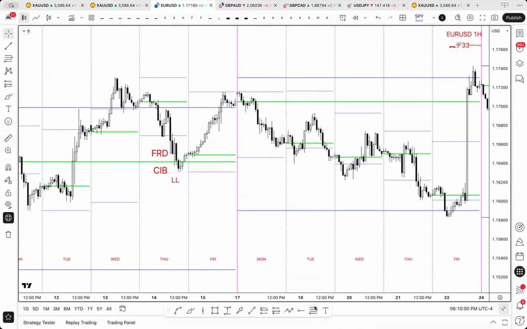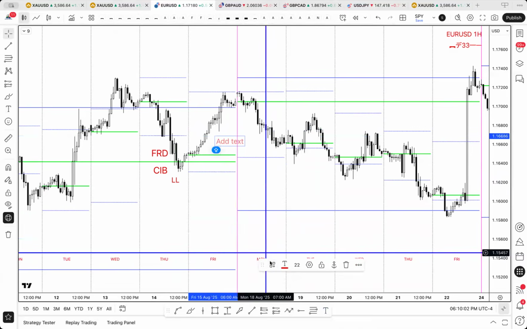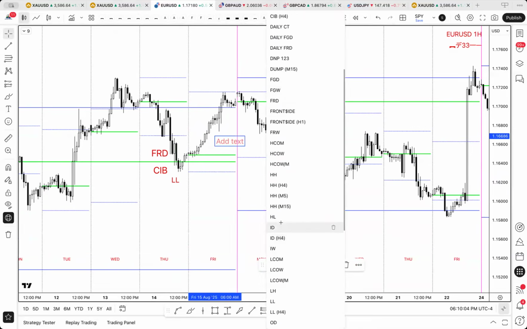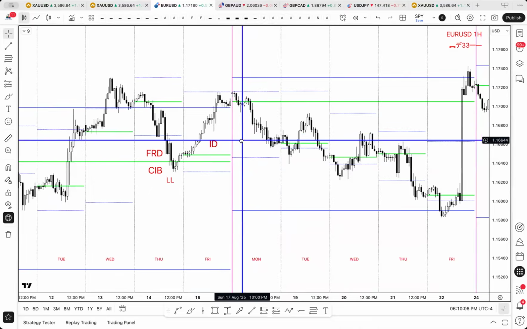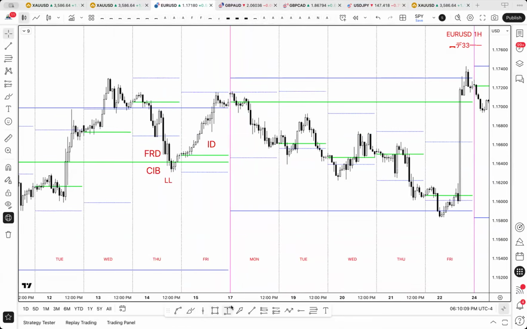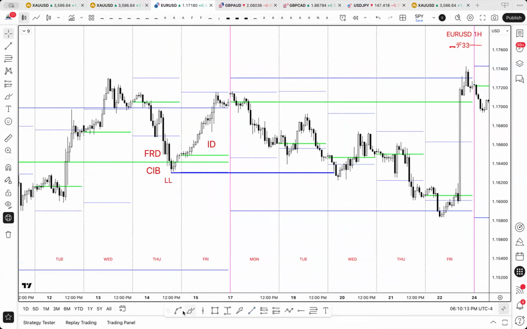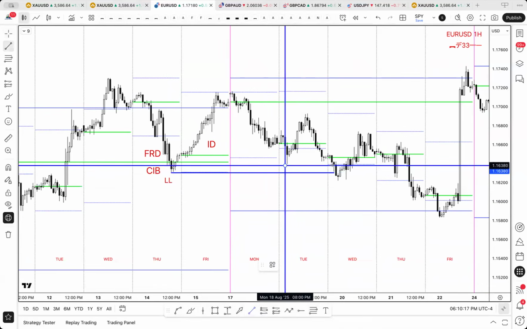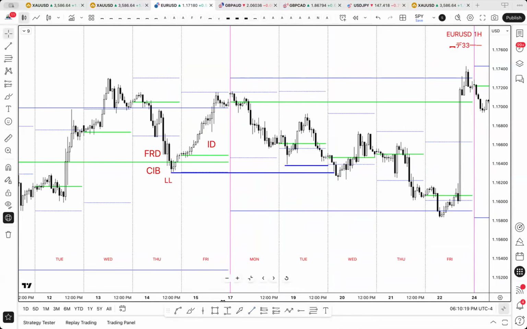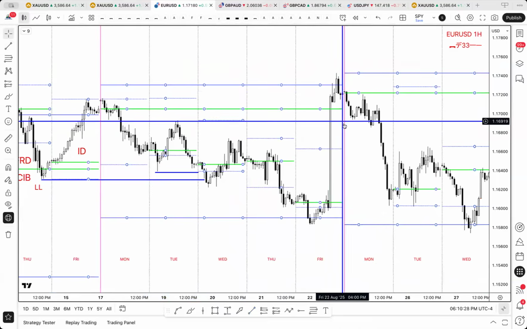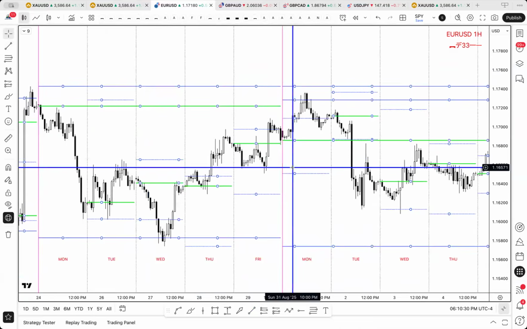Inside day, the next day, inside day signal, and then they don't start breaking down until later next week. They give our lower low on Tuesday, which is the recipe for the pump, pump, pump, dump. So easy peasy.